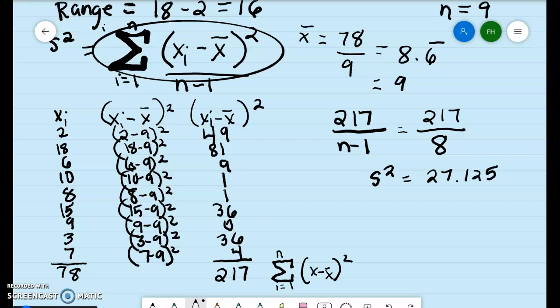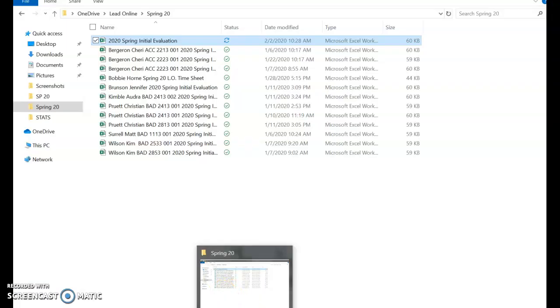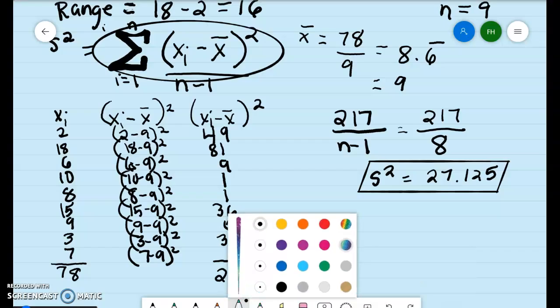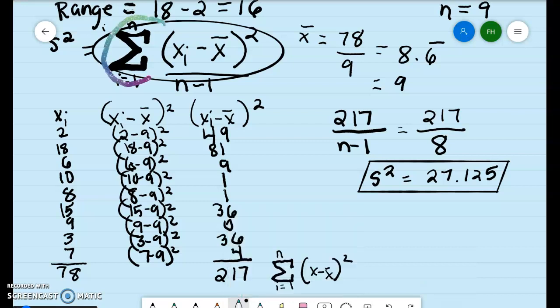I'm just going to leave that for now. So that would be our variance. Lots of steps there, but understand what the formula means. The symbol here means sum. And what are we summing?